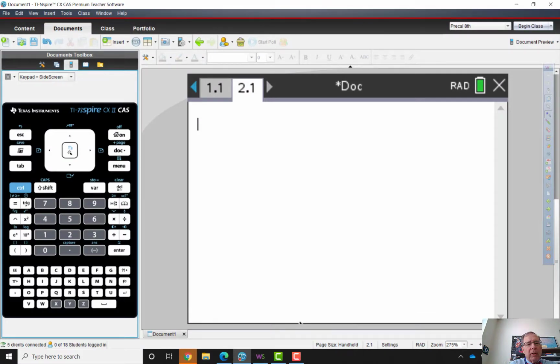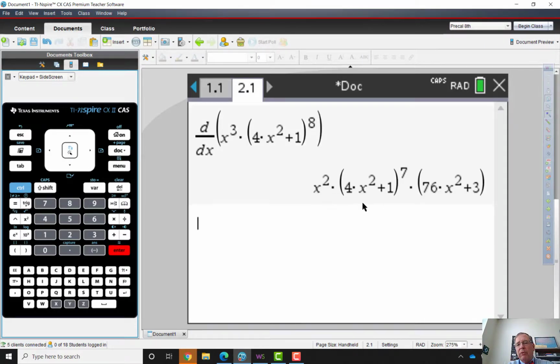So if I want a derivative, the quick and easy keyboard shortcut is Shift minus. I want my variable to be x, and I'm doing a capital there. So I'm going to do x to the third power, break out of that 4x squared plus 1, break out of that parenthesis to the 8th power, and we end up with the factored expression just like we got.